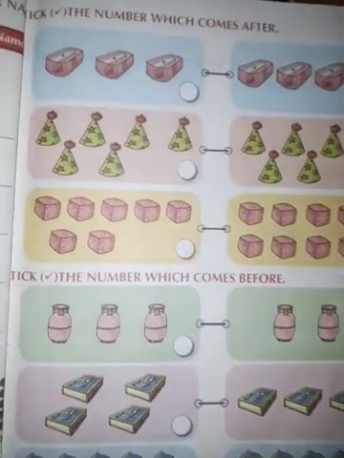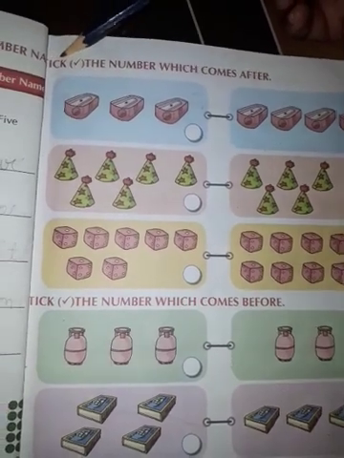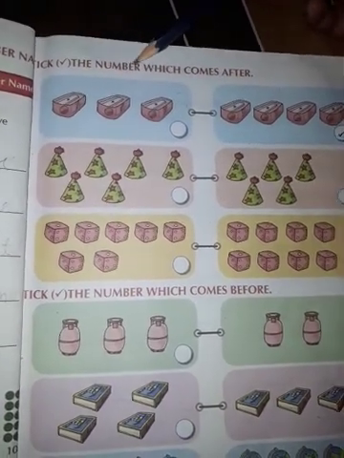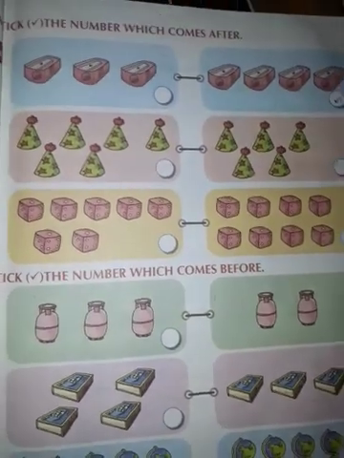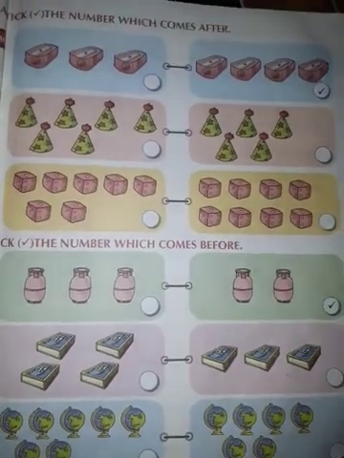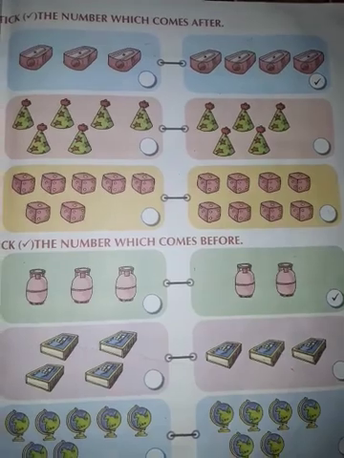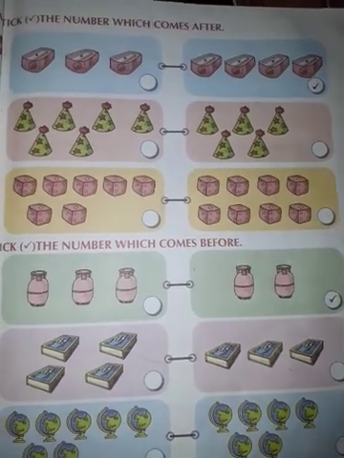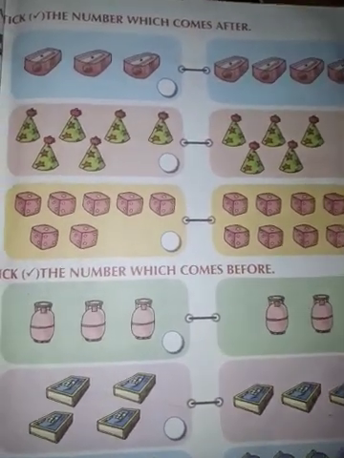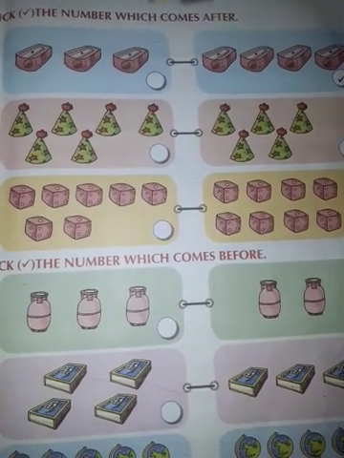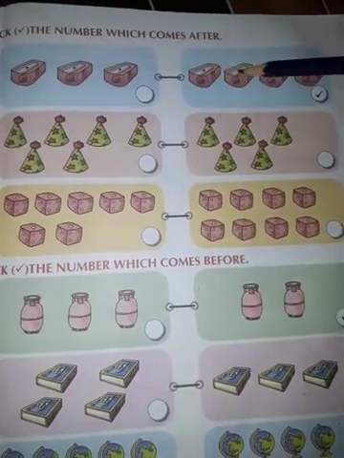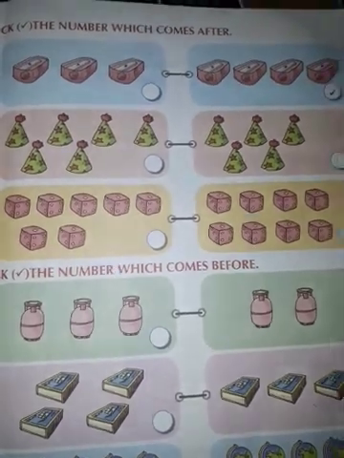Now page number 7. Let's see the question. Tick the number which comes after. So count the objects and tick the number which comes after. 1, 2, 3. 3 sharpeners. 1, 2, 3, 4. 4 sharpeners.